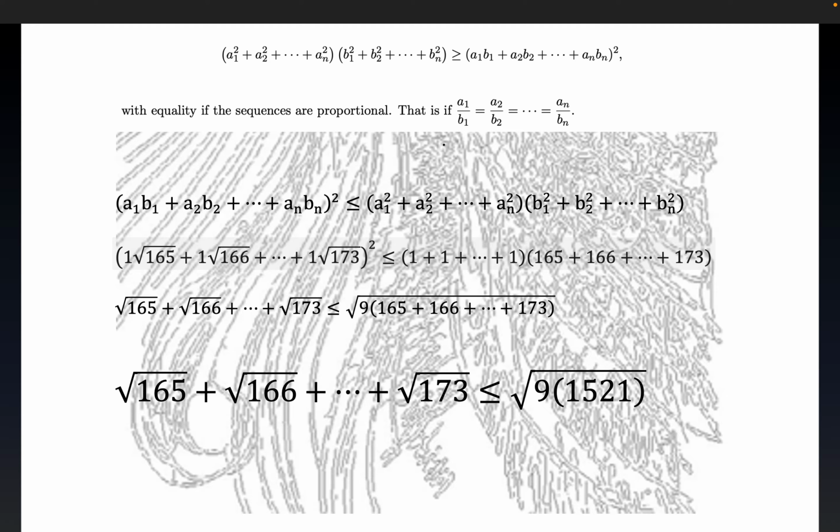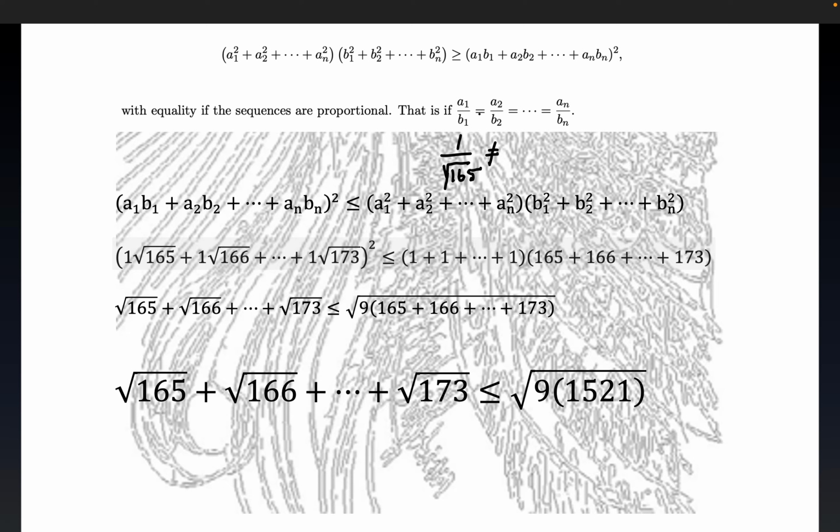So in other words, what you would really have right here, so you'll know you don't have equality, you would have 1 over the square root of 165. It doesn't matter what order you do it in. You can reciprocate. That's not equal.